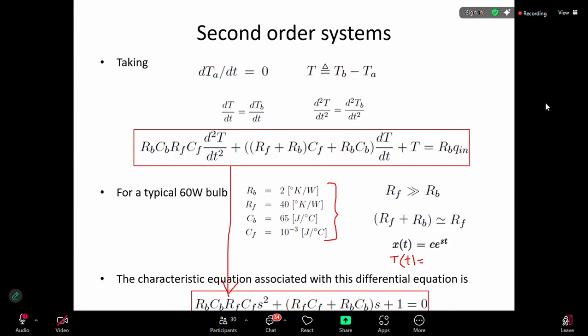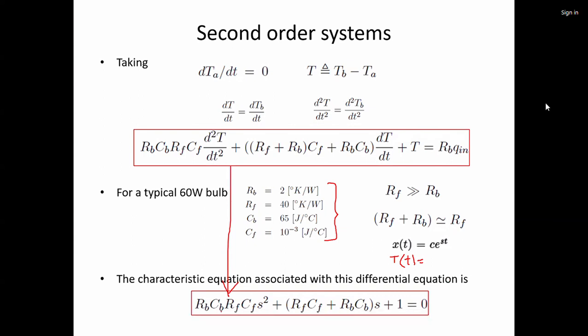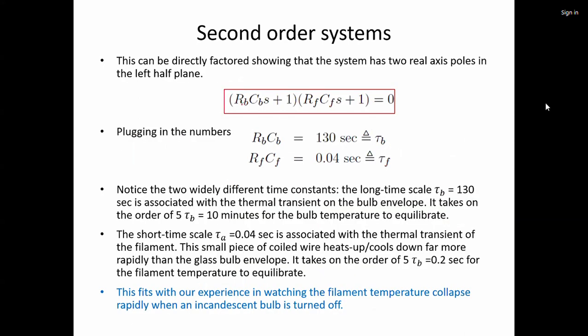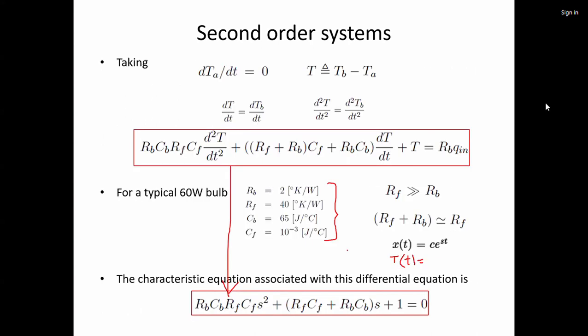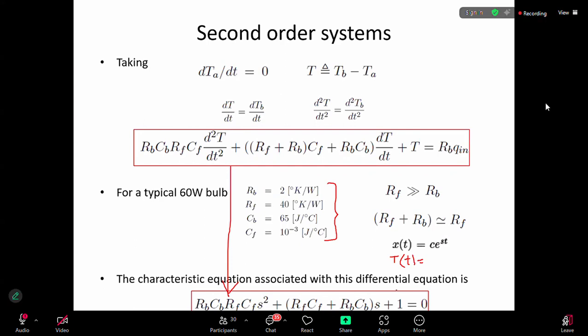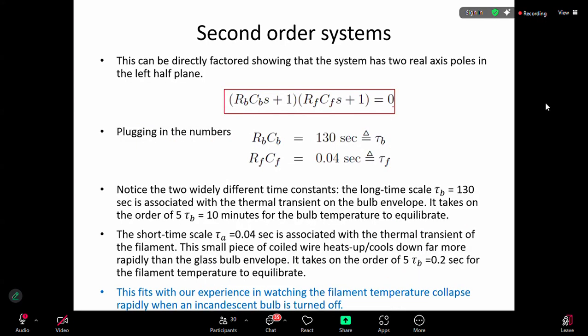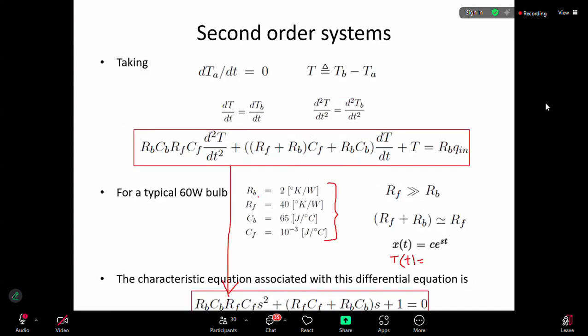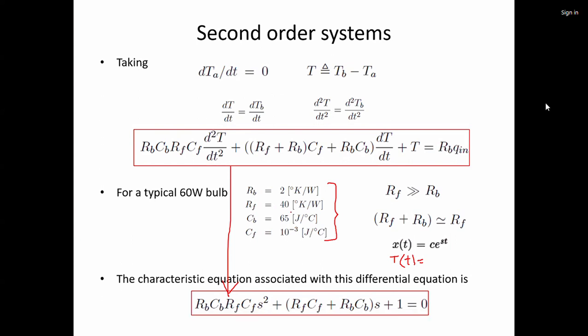Now you can express this as the multiplication of two terms: (RB CB s plus 1) into (RF CF s plus 1) is equal to 0. Looking at the practical values, RB CB is 2 into 65, which is 130.